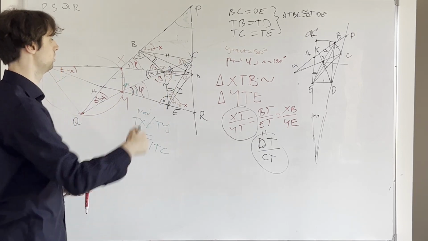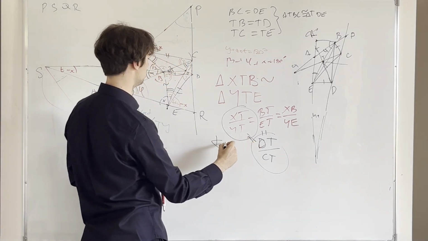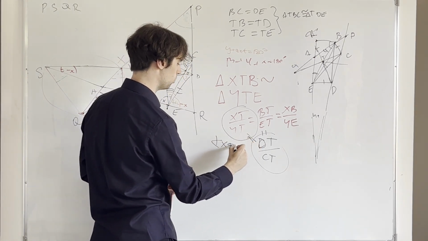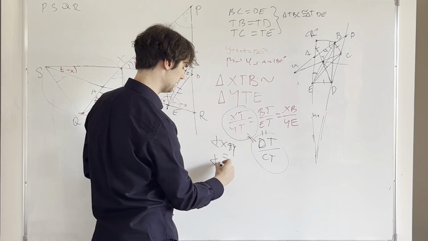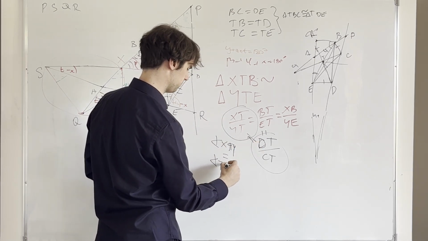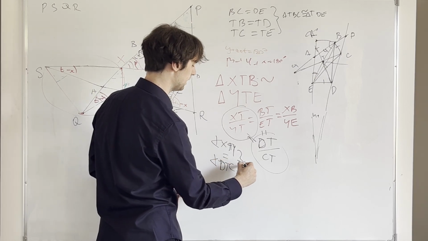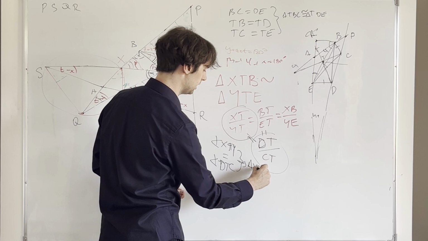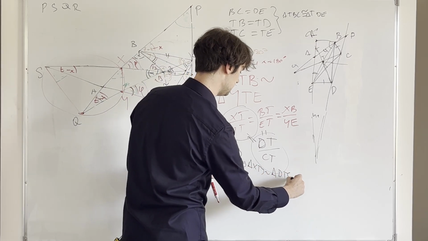And from there, combining this and the fact that the angle XTY is equal to the angle DTC, we get that the triangle XTY is similar to the triangle DTC.